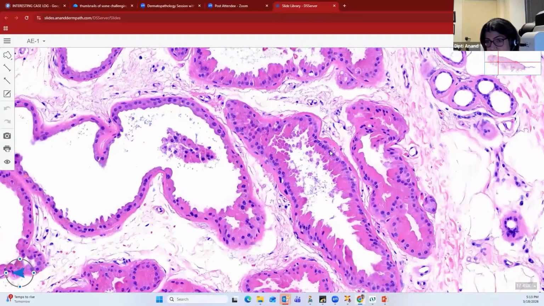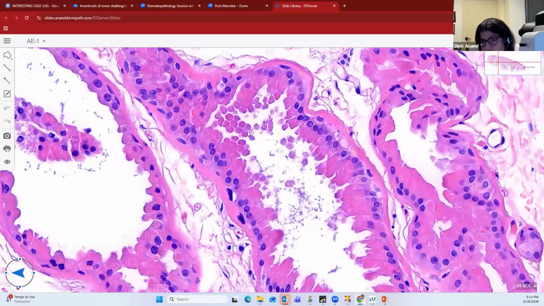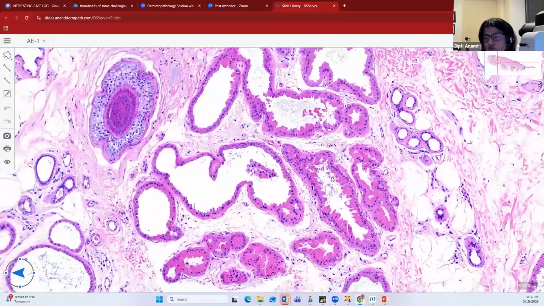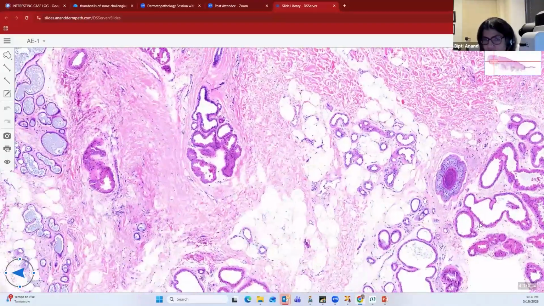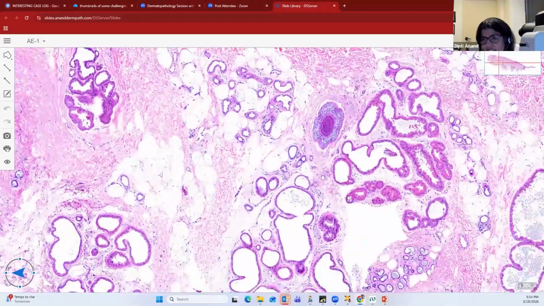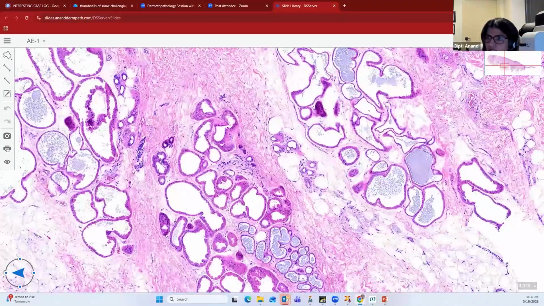So you can see these cells with voluminous pink cytoplasm with what are known as apocrine snouts, with the decapitation secretions. That's your apocrine gland. So when you have a number of apocrine glands present in a lobulated fashion in the deep dermis, that's your normal axilla. So normal axilla is an important board question.